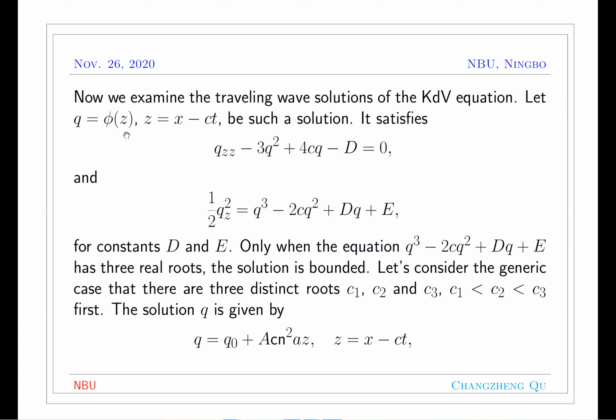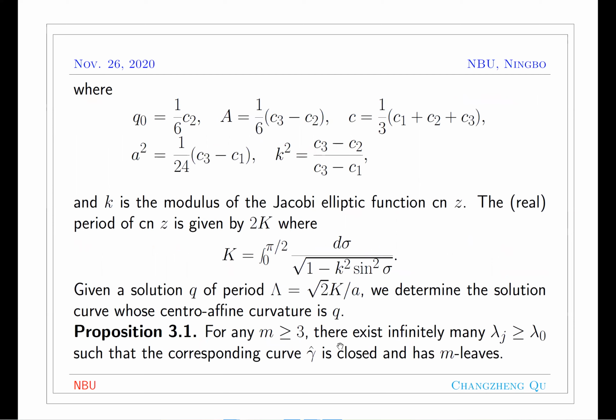If Q is a traveling wave solution of the KdV equation, z is x minus ct. It is well known that the KdV equation has Jacobi elliptic function solutions. This means the right hand side of this equation has three different roots, c1, c2, and c3, where c1 is strictly less than c2 and strictly less than c3. It is interesting to ask whether the curves corresponding to the Jacobi elliptic function solutions are periodic.